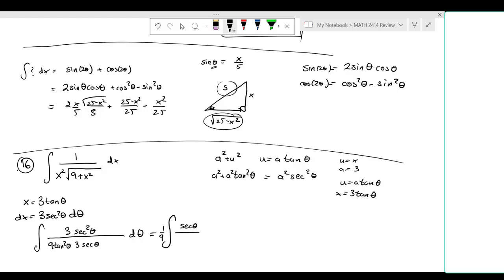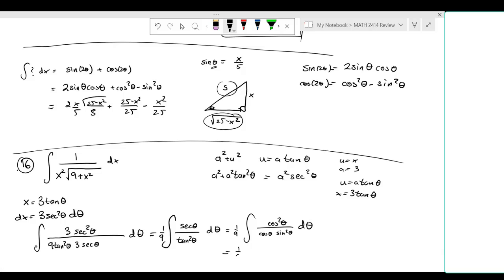Secant theta and then tangent squared. I guess I would just probably write everything in terms of sine and cosine. I think that works. Right, we get our secant is 1 over cosine, and tangent squared is sine squared over cosine squared.